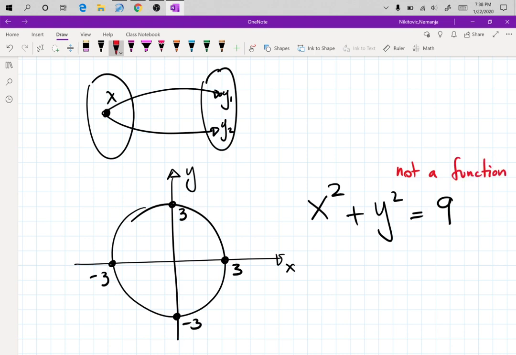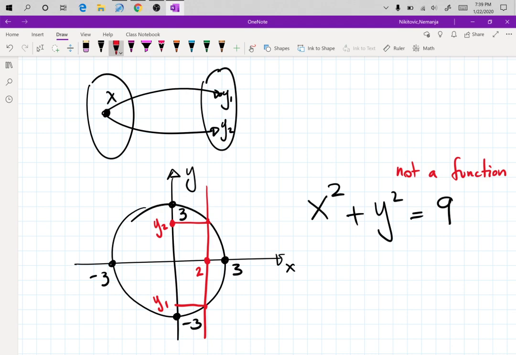And it's not a function because if I am to pick any x value between -3 and 3, I will have two y values assigned to it. Pick a value between -3 and 3. 2. 2 is right here. I'm going to draw the line through 2, and do you see that there is a y value here and also a y value here?